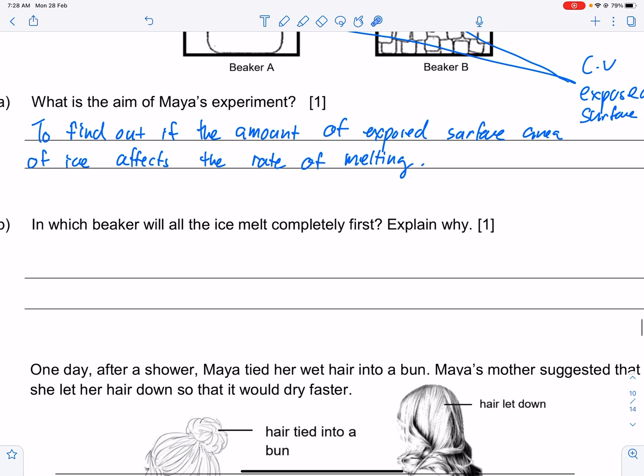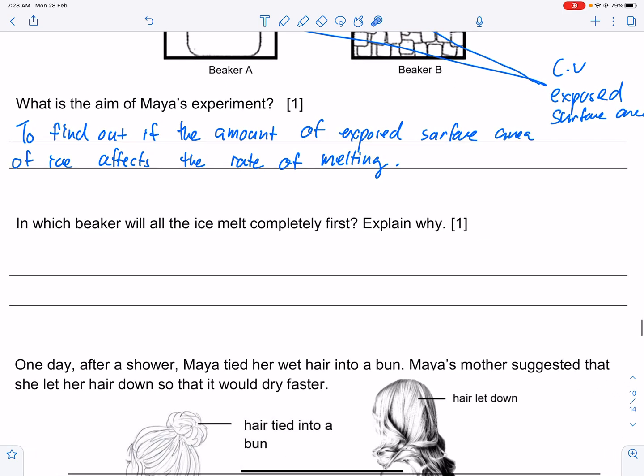So let's translate that into a written form. The ice in beaker B. And why is that so?